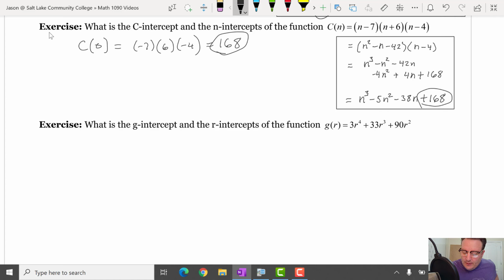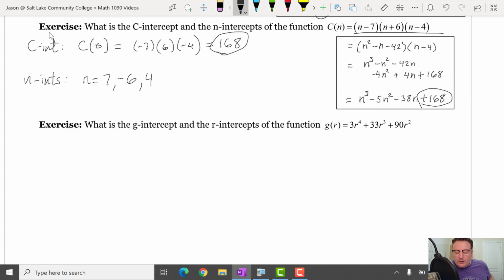Well, the beauty of having the polynomial in factored form is that the n-intercepts are going to be at n equals 7. These are just the values for n that make those factors 0: negative 6 and positive 4.